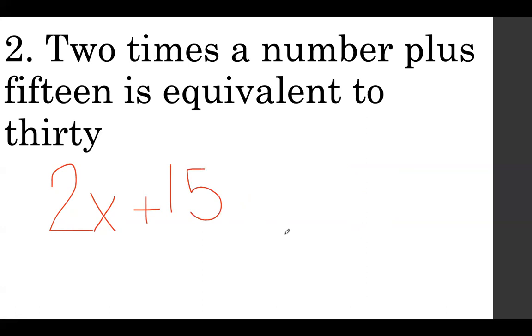Now, equivalent is kind of just a longer version of equal, okay? So is equal or is equivalent to 30. And again, we are just practicing writing our equations at this point. As we have already learned how to solve them, we are just going to practice writing them out. Let's go on to the next problem.